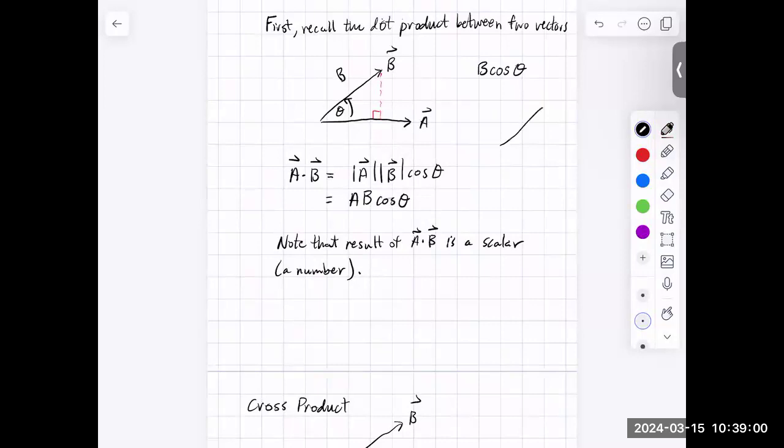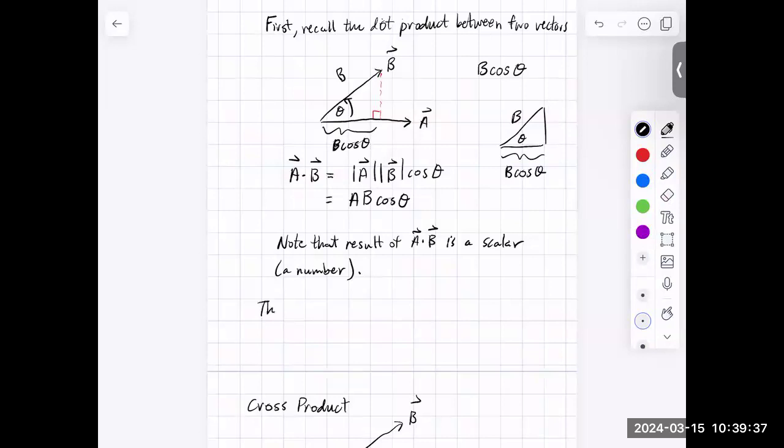Right, so the triangle we have is B, theta, and where's cos theta? Is it this bottom side or this vertical side? The adjacent, that's right. So the adjacent side is B cos theta. And so what we're finding here is that B cos theta is selecting the component of B that is parallel to vector A.